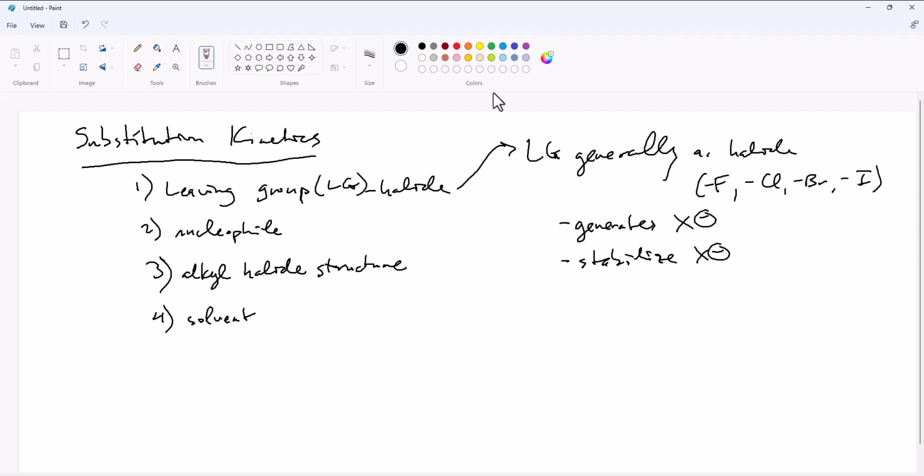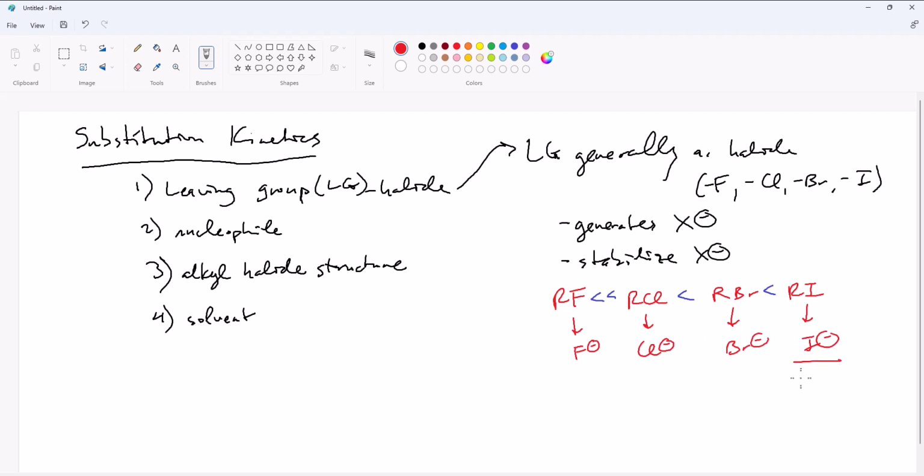So what we see is if we write out our 4 alkyl halides, we have RF, RCl, RBr, RI. What we see is that RF is the slowest kinetically, followed by RCl, followed by RBr, followed by RI. And the reason for this is that if we look at the anions that each of these generate upon leaving, we have F minus, Cl minus, Br minus, and I minus.